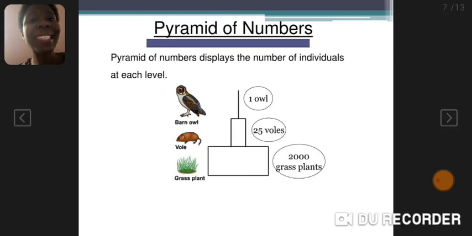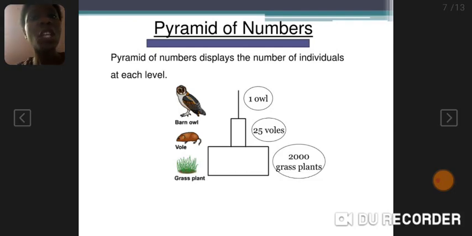Now, if you get the weight of all of them put together, the mass, or the amount of matter in the 2,000 of them, then that quantity you derive is the biomass for the grass plants, the producers, in that ecosystem.